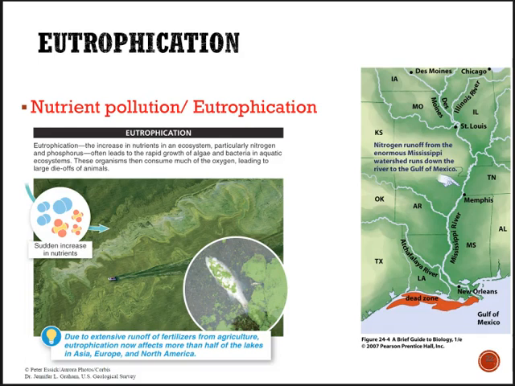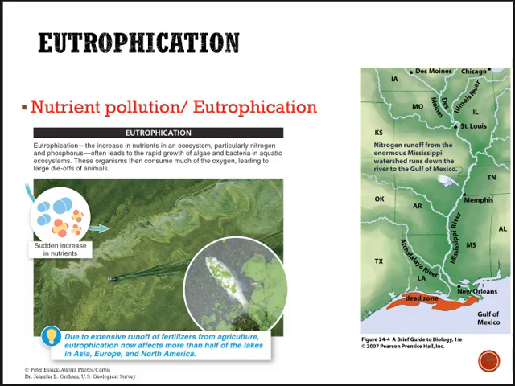So eutrophication is the process by which these nutrients, including very specifically organic nitrogen and organic phosphorus, enter the ecosystem, mostly because of farming and other agricultural activities like raising cattle and chickens. So these organisms and the farming practices add a lot of nitrogen and phosphorus to the earth.